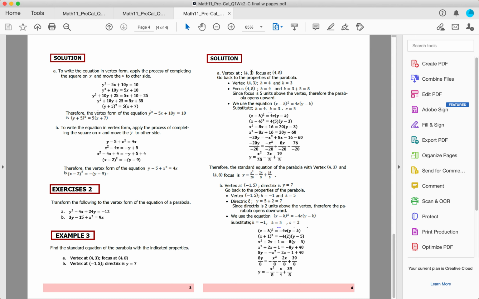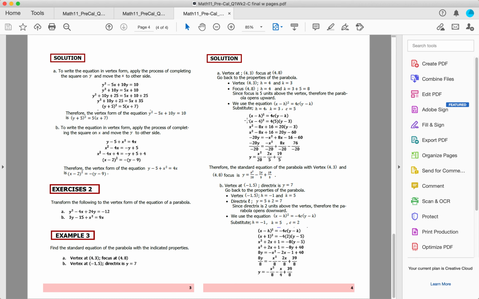Since the vertex is at 4, 3, and the focus is above it at 4, 8, from 3 to 8, that's 5 units, right? Therefore, c is 5, because c is the distance from the vertex to the focus. So c is 5, 4 times 5 is 20.